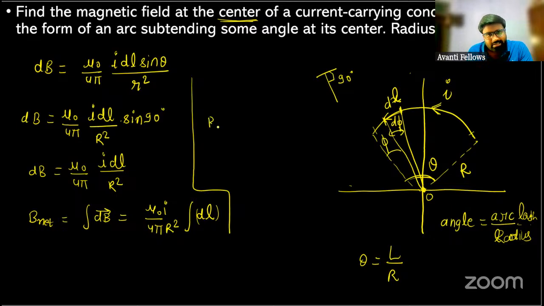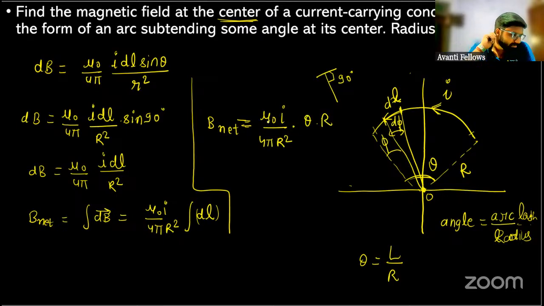So B net here is mu naught I upon 4 pi R square into theta into capital R. Can we say that? This R and R will cancel out.